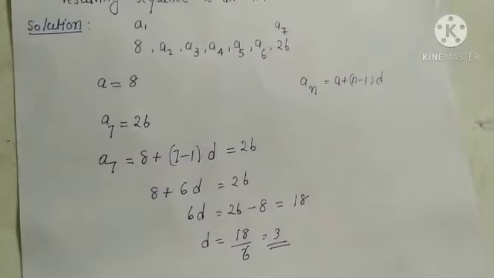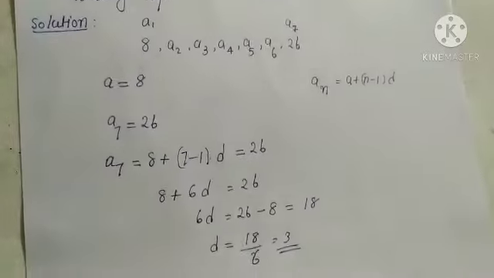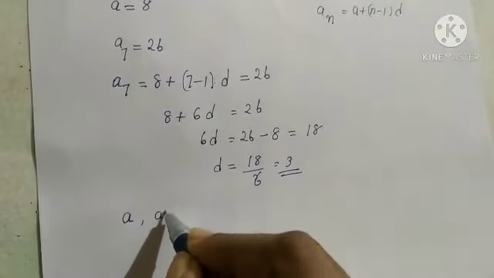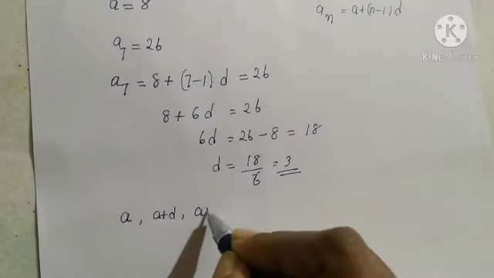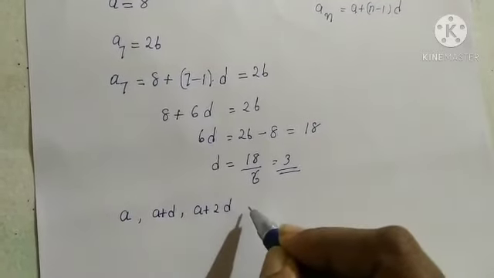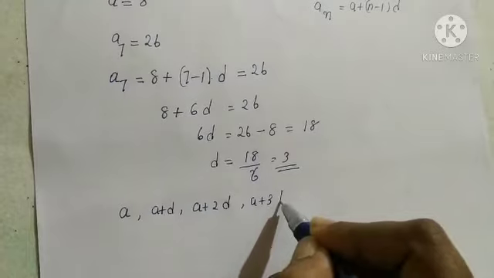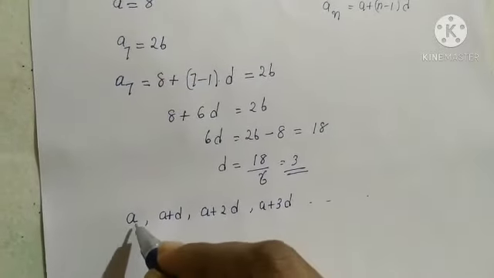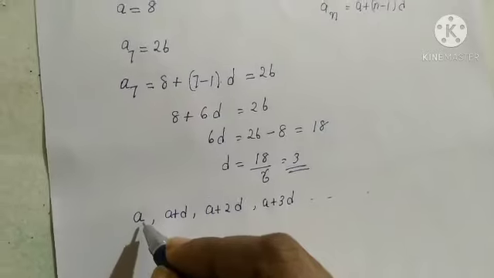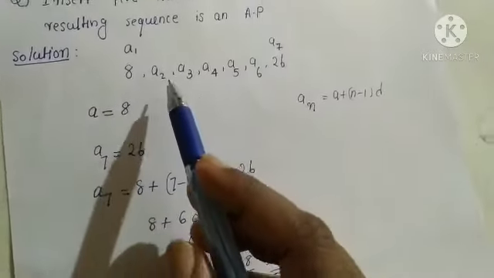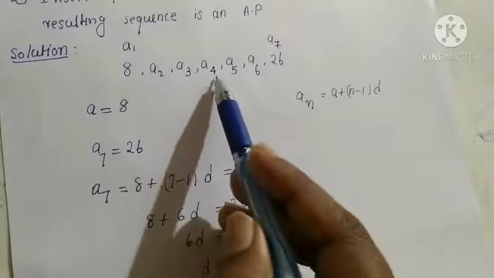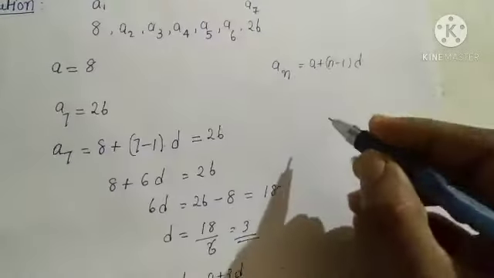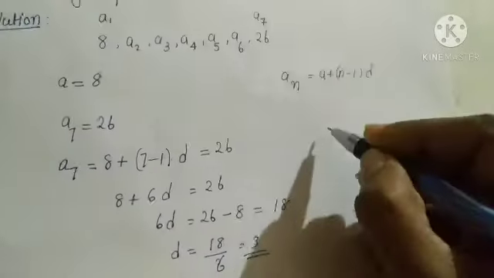We know that in an AP the general form is A, A plus D, A plus 2D, A plus 3D, etc., where D is the common difference and A is the first term. Here we need to find the second, third, fourth, fifth and sixth terms.